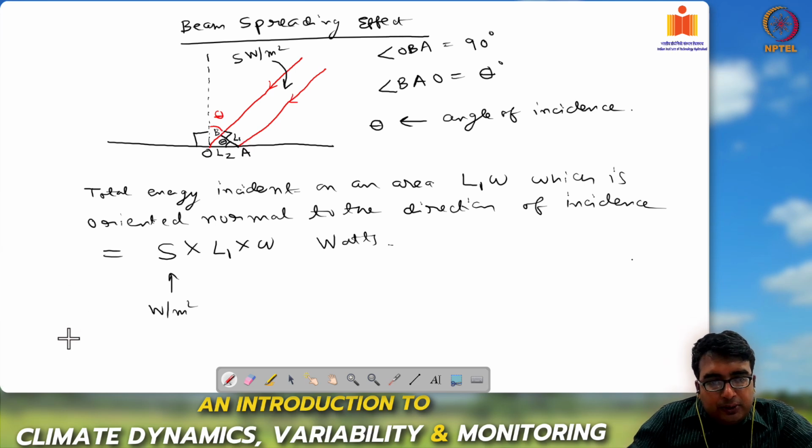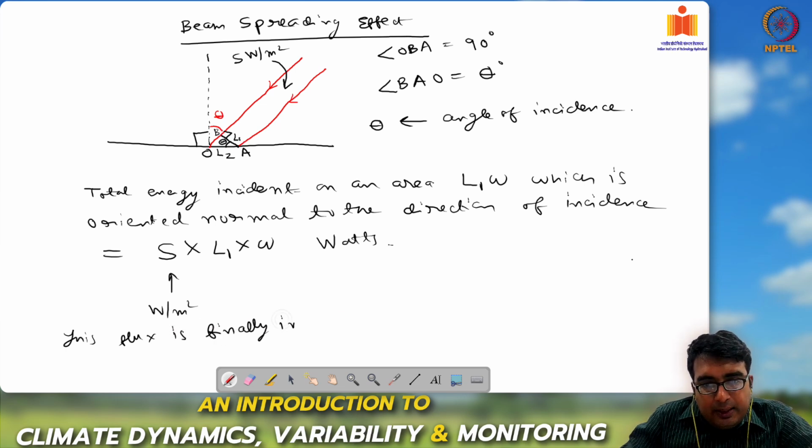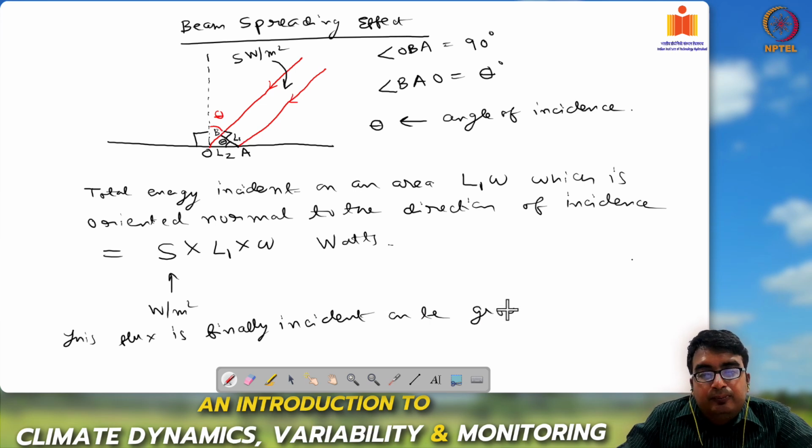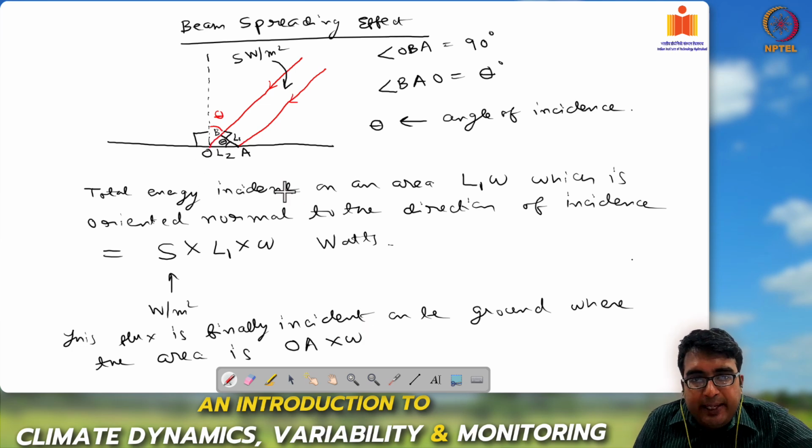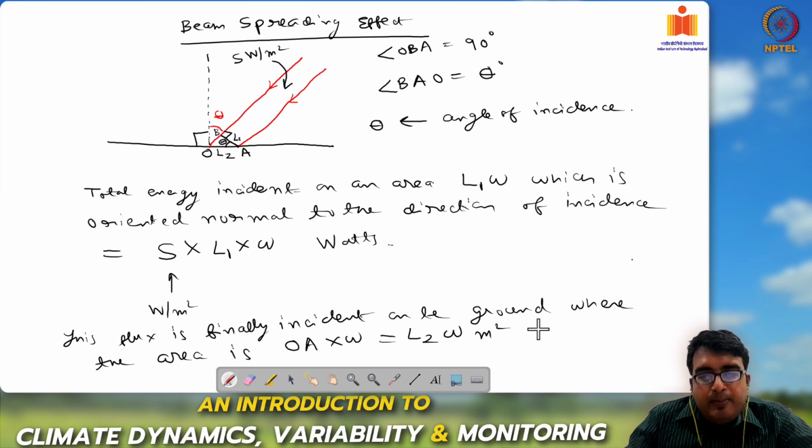So this flux is finally incident on the ground where the area is OA into width W. The width W is not changing because it's perpendicular to the plane of paper, but this length OA is changing, which gives L2 into W meter square.